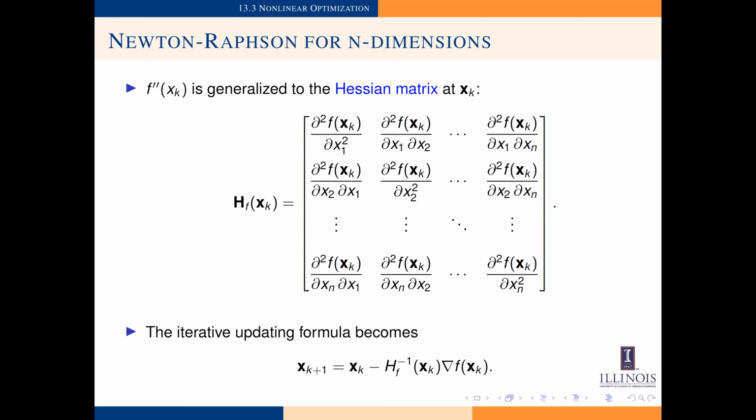So with the Hessian replacing the second derivative and the gradient vector replacing the first derivative, the iterative updating formula for the multidimensional case can be generalized to the following, where the k plus 1th x is equal to the kth x minus the inverse of the Hessian matrix times the gradient of f, evaluated both at the current xk.